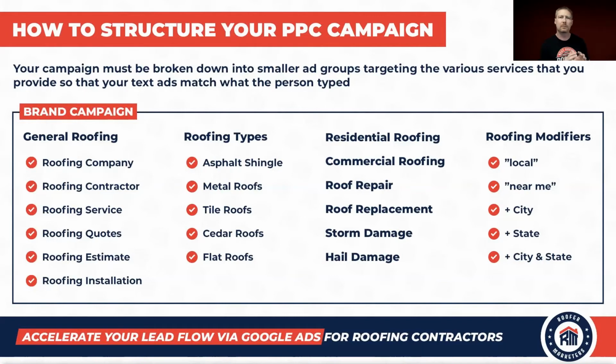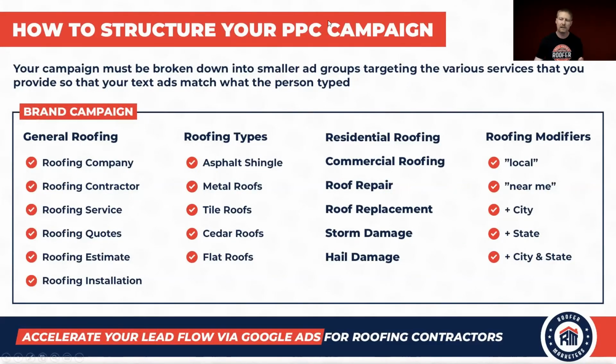For example, if someone types in metal roofing company near me, your ad copy can talk about metal roofing, and your landing page can show images of metal roofing and have copy on it about metal roofing, so that because you know what they typed in, you get to give them exactly what they're looking for in your ad copy and landing page.